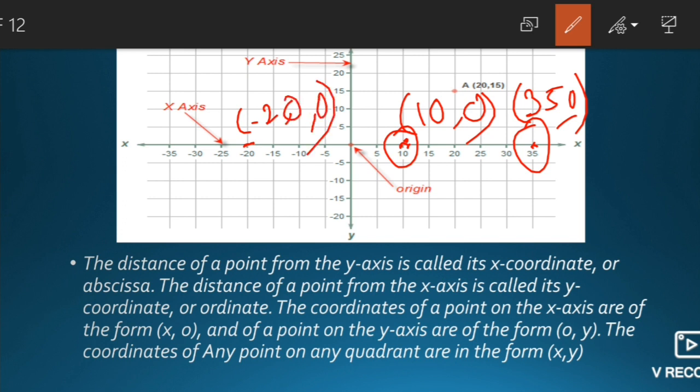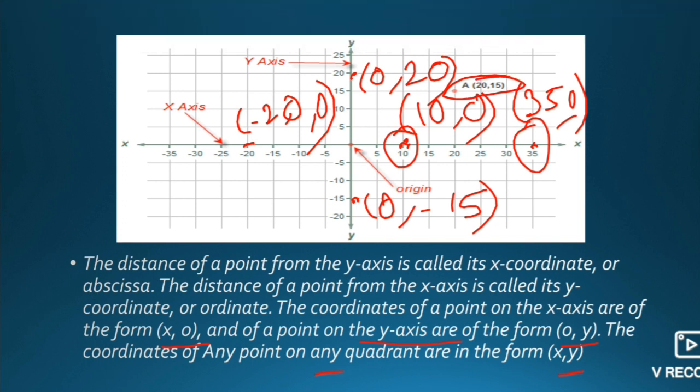And any point on the y-axis will be of the form (0, y). For example, this point will be (0, 20), and this point will be (0, -15). So any point on the x-axis is of the form (x, 0), any point on the y-axis is of the form (0, y), and the coordinate of any point in any quadrant is of the form (x, y), such as point A.